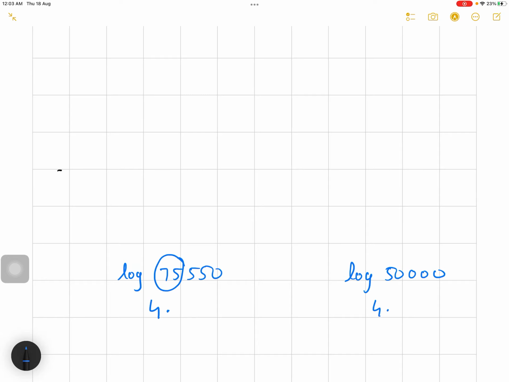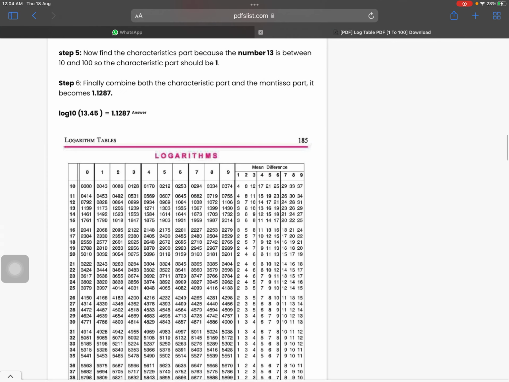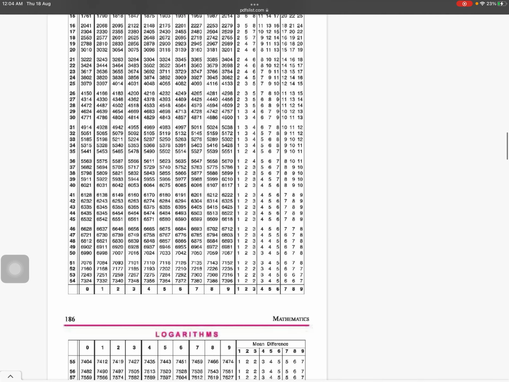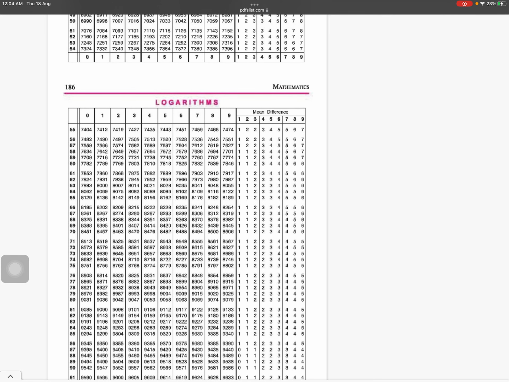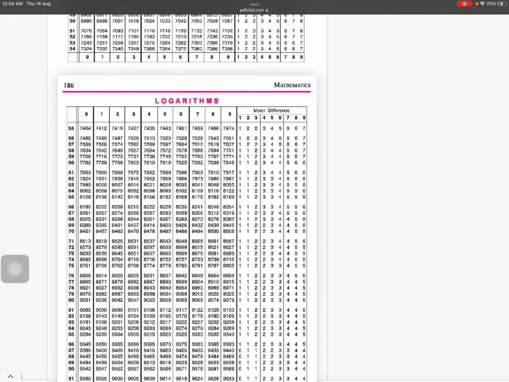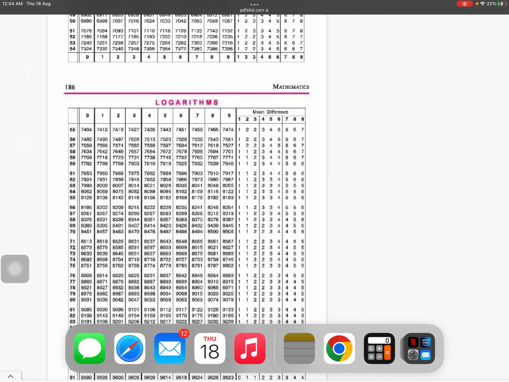Row 75, column 5, mean difference 5. Column 5, row 75 is 8779.